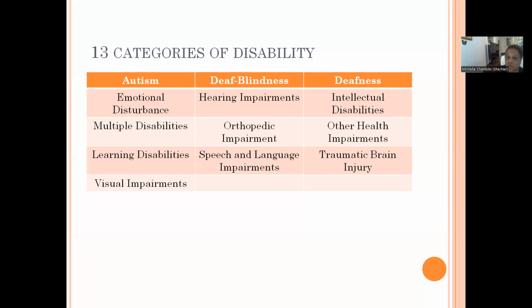So here we go. Let me just double check to make sure that you see what I see. Okay, yes, you do see what I see. Great. So you have the 13 categories in front of you.